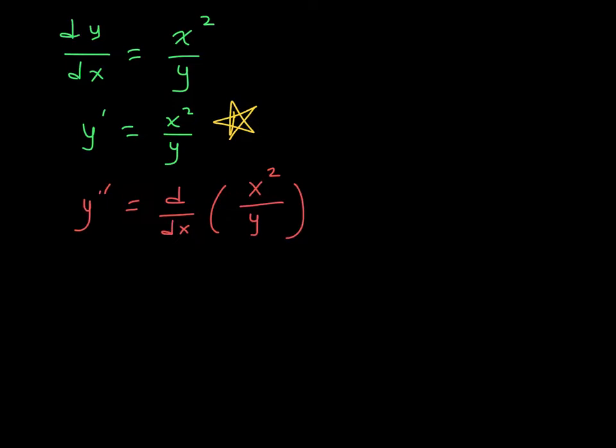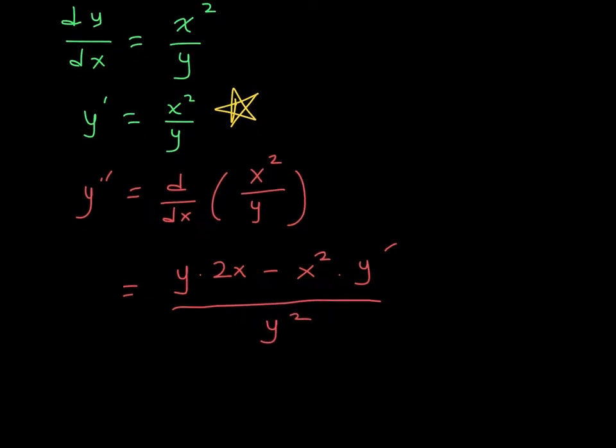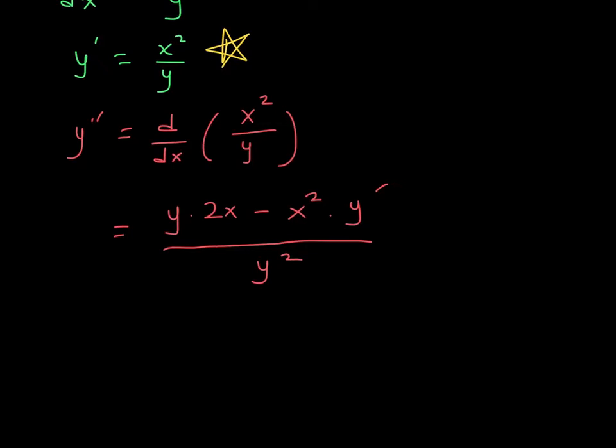All right. So here we go. This is the quotient rule. So it is the denominator times the derivative of the numerator minus the numerator times the derivative of the denominator, over the denominator squared. Okay, let's see if we can simplify this.